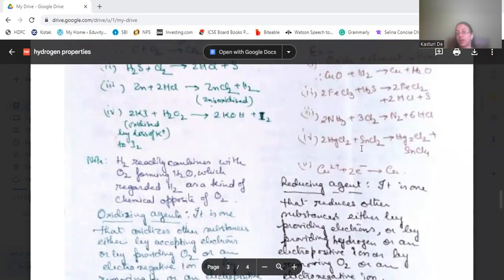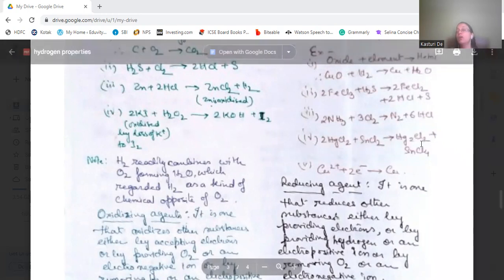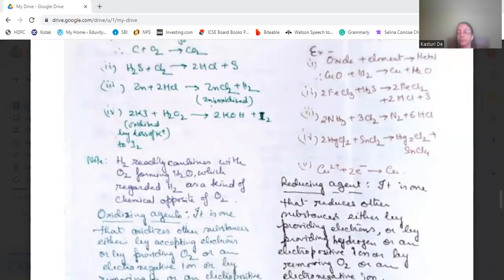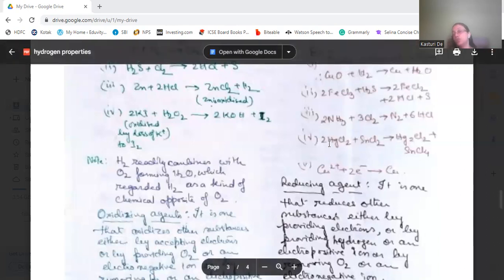It is this SnCl2 helping one mercuric ion to add in this HgCl2, making it Hg2Cl2. So HgCl2 is being reduced, reducing Hg2 to Hg.